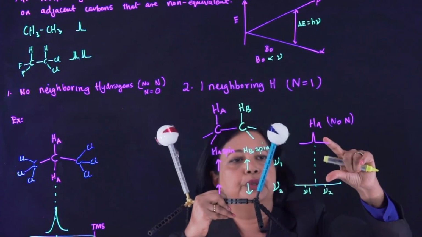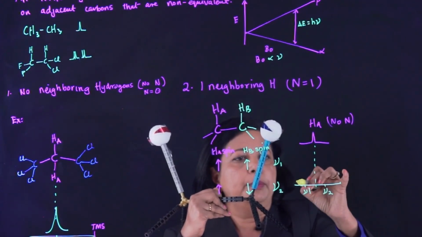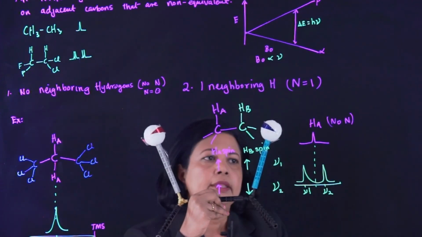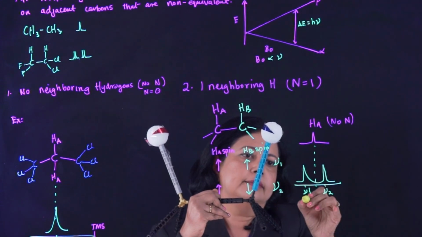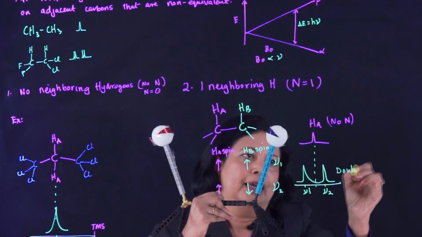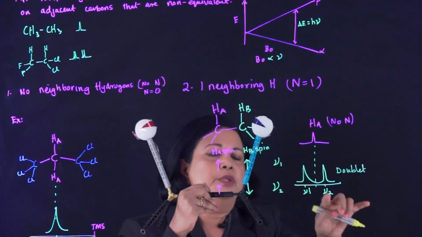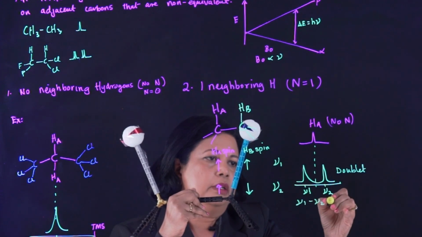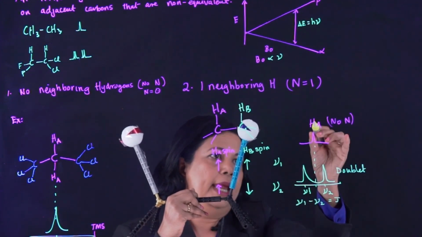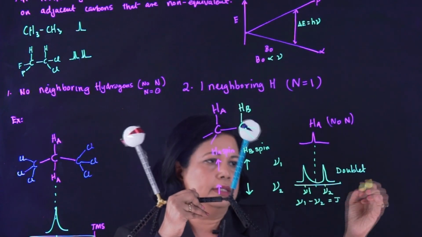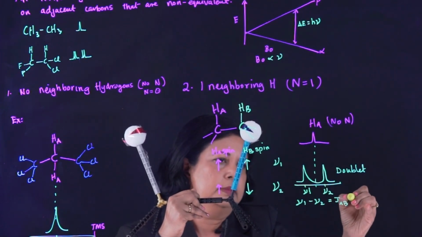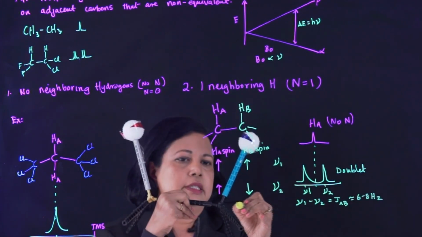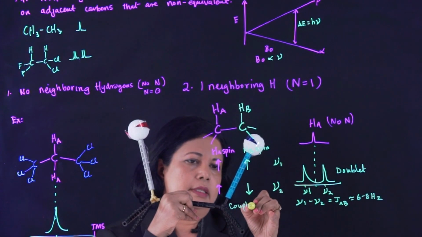That's absorbing at nu2. So instead of having one peak, now you're going to have two peaks. That is called a doublet. And the difference between these frequencies, nu1 minus nu2, is called JAB, or the coupling constant. And it's typically 6 to 8 hertz. So this is called the coupling constant.